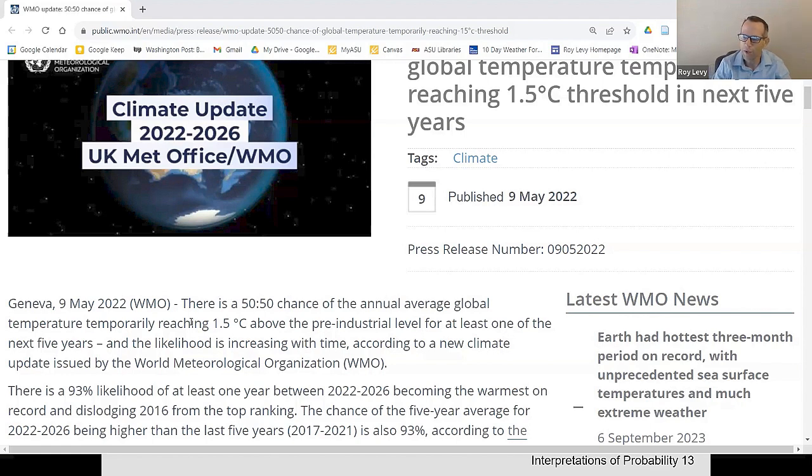If I were to take the frequentist view, I would need to say, in order to make a statement like there's a 50-50 chance, I would need to refer to some long-run repeated set of identical conditions or events. This is the global climate we're talking about. We have not run the world, run history many, many times.